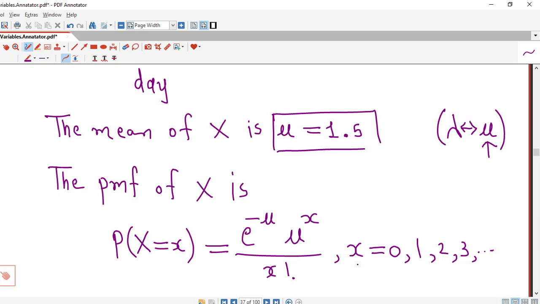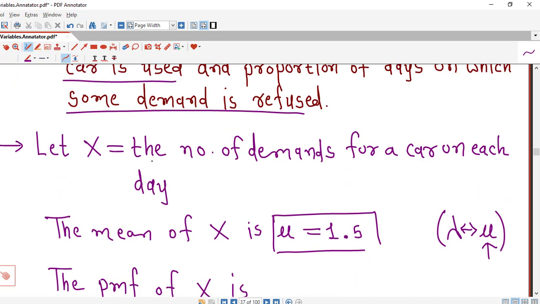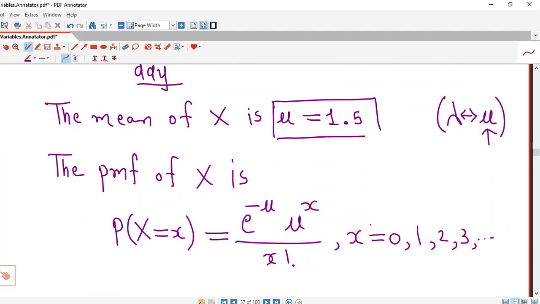So this small x is the number of demands for a car on each day, because capital X is the number of demands for a car on each day. So the possible values of the random variable are 0, 1, 2, 3 and so on. This gives us the probability of x demands for a car on each day.